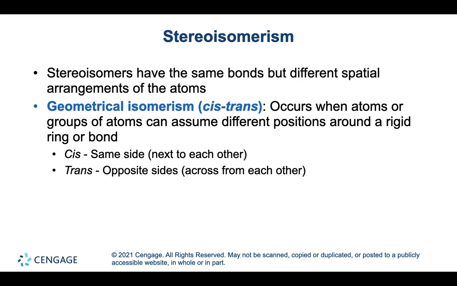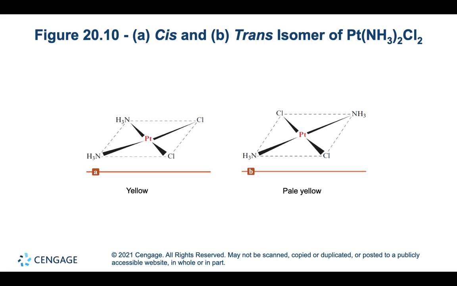Stereoisomers have all the same bonds, but different spatial arrangements. Geometric isomers such as cis or trans: cis being side by side, trans being opposite. Here we see a platinum with a square planar arrangement.